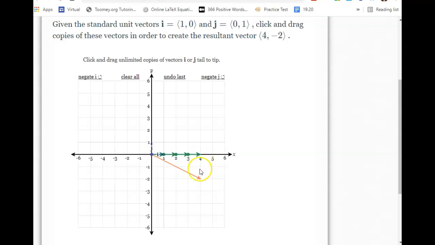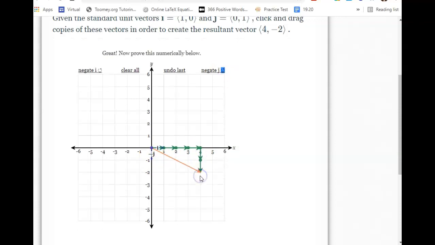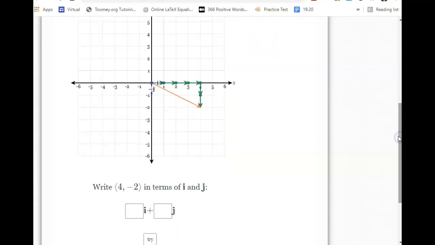But then I'm going to have a negative j, so I'm going to need to negate that j. And then it's going to have 1, 2 of those. So it took 4 i's and negative 2 j's to get that. That's where that 4, negative 2 comes from, and that is why we're writing this as 4i and negative 2j.